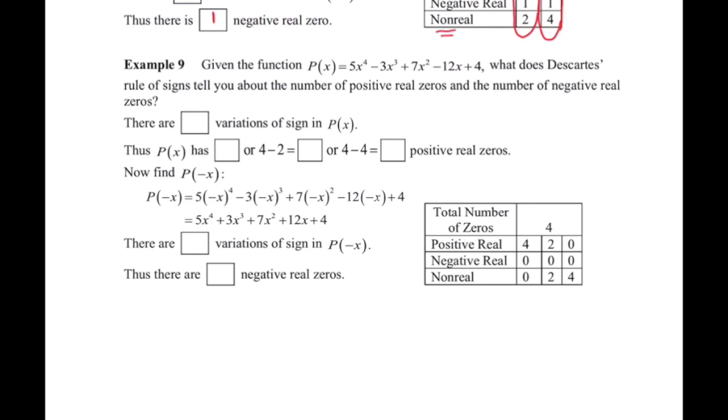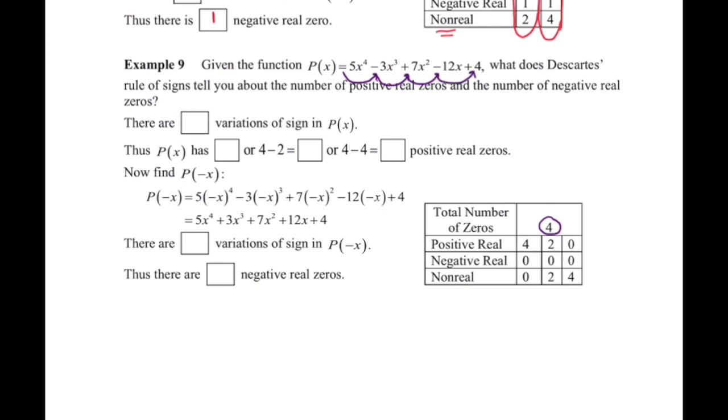Given the function 5x to the 4th minus 3x cubed plus 7x squared minus 12x plus 4, what does the sign tell us? Well, we know we're looking for a total of 4. Let's look at the variations of signs. Here I change 1 time, twice, 3, 4 times I change.